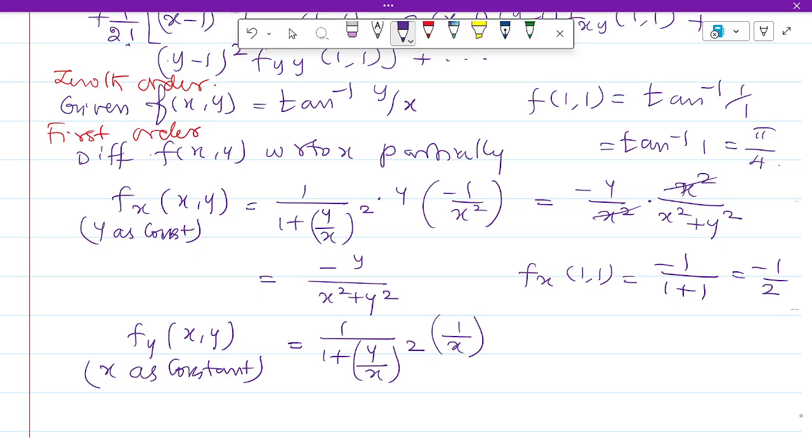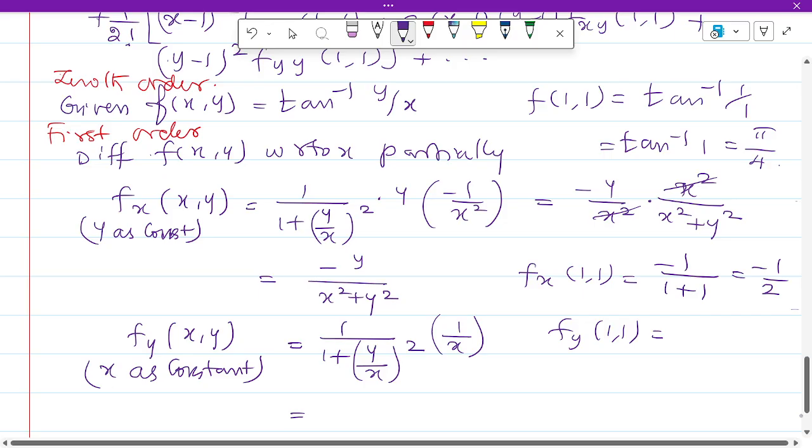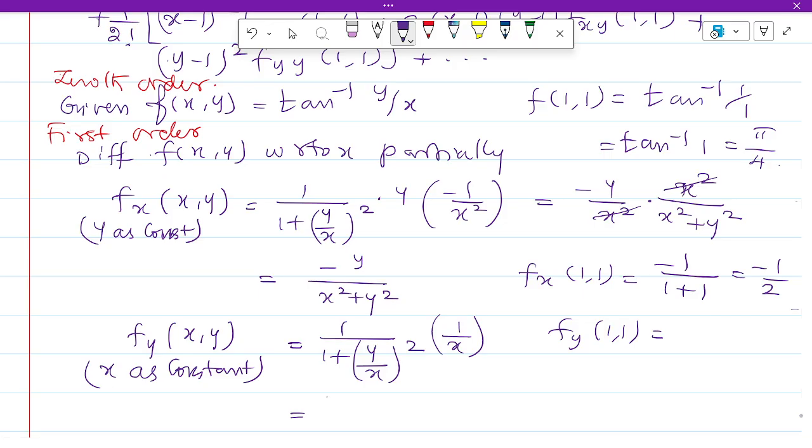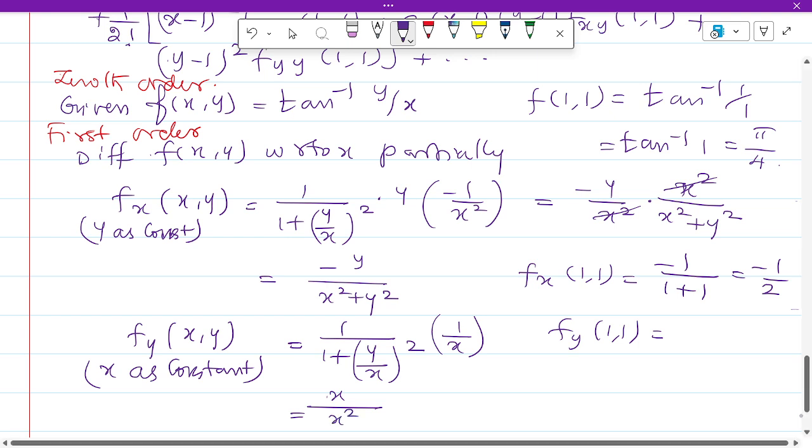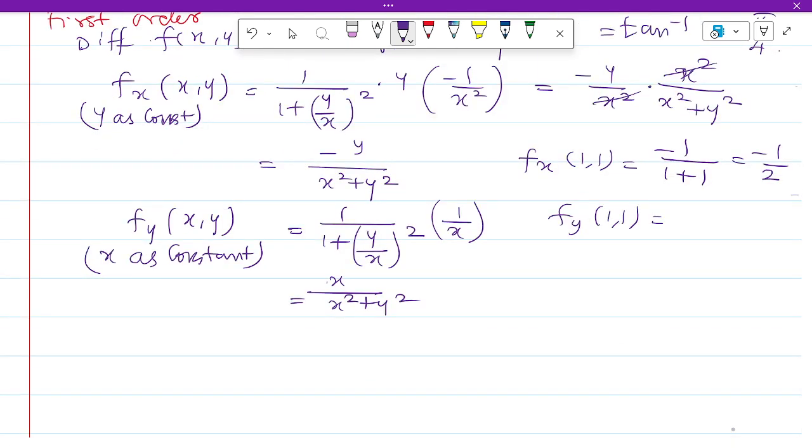Then next we are going to find fy of 1 comma 1. So you have to differentiate very carefully. Now what is the value here? You are taking that x to the numerator, then you will get x divided by x square plus y square. Therefore fy of 1 comma 1 is 1 divided by 1 plus 1, that is equal to 1 by 2.